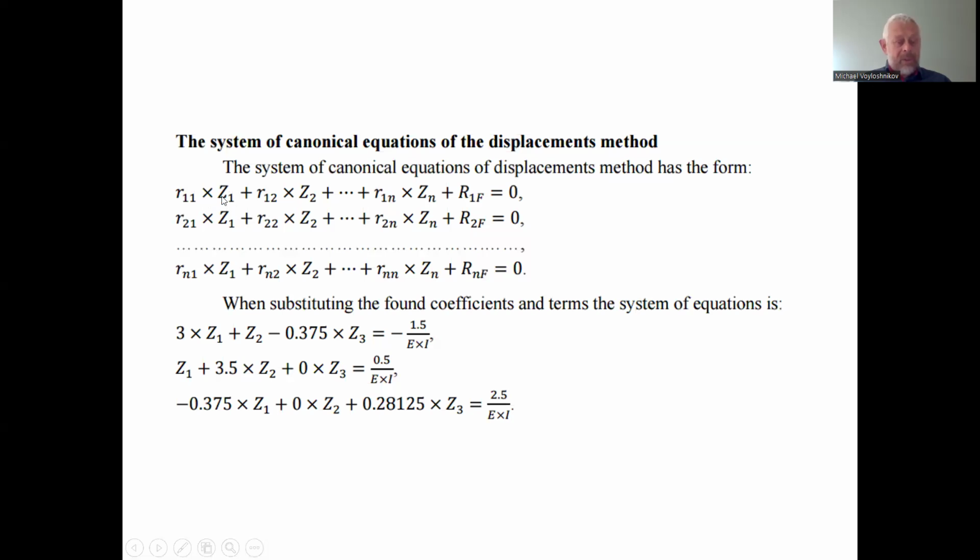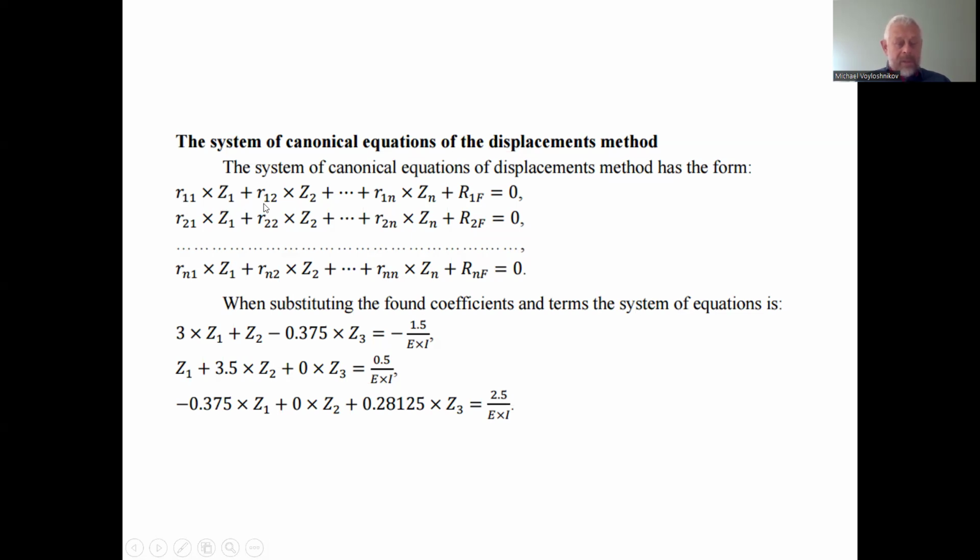If we would like to rotate this connection by the unit angle, the rotation angle is Z1. This is the force which corresponds, if we rotate this by Z1, which moment, not force, but the moment will appear in the first extra support.